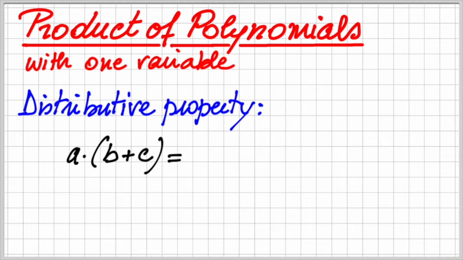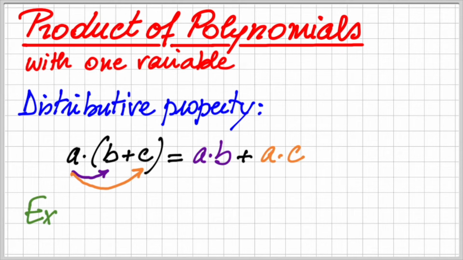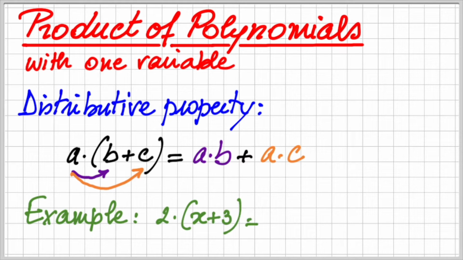The first example I can show you is the multiplication of A multiplied with B plus C between the brackets. We first multiply A with B, so we have A times B, and then we multiply A with C. The final result is A times B plus A times C. Now, let's have a look at a simple example.